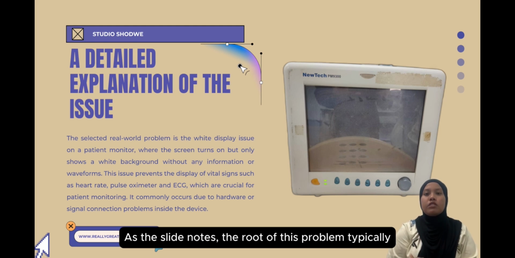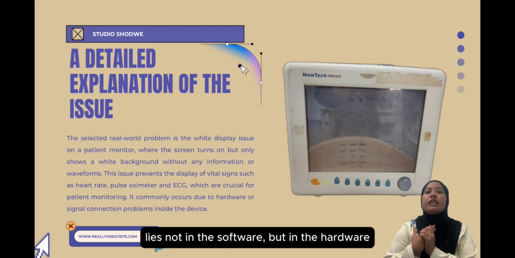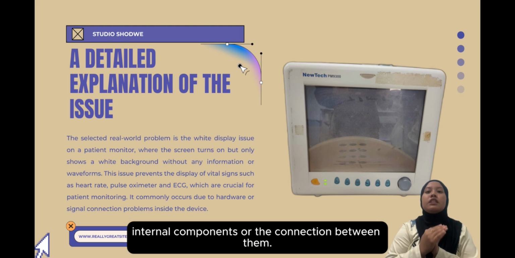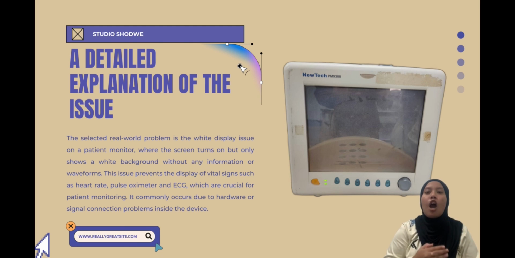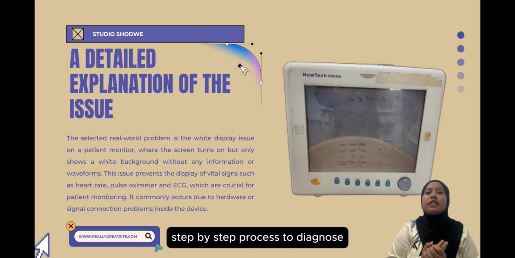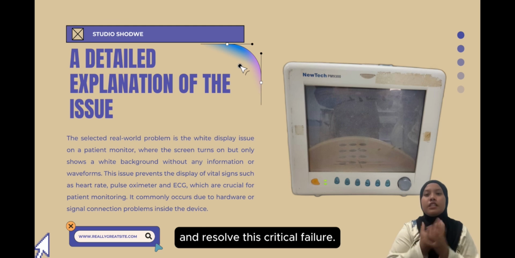As the slide notes, the root of this problem typically lies not in the software but in the hardware, somewhere within the device's internal components or the connection between them. Our objective today is to walk through the logical step-by-step process to diagnose and resolve this critical failure.